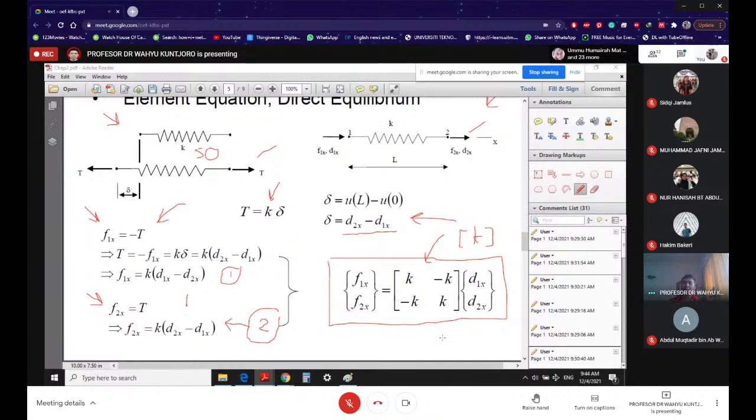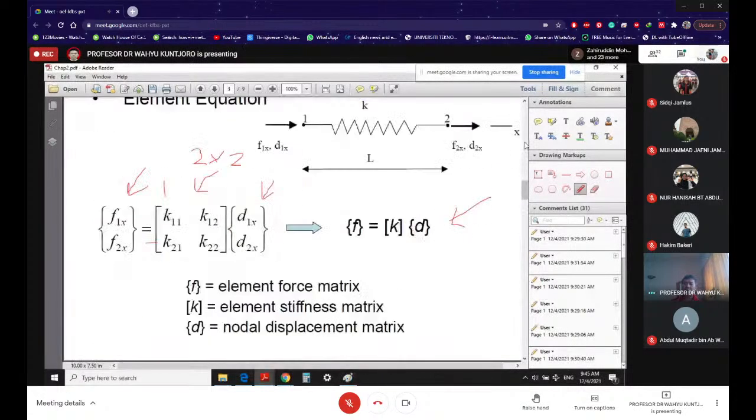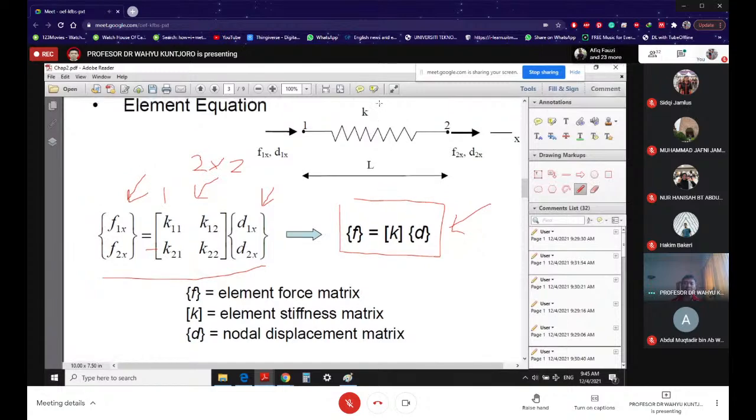So what we have here is F equal to KD. You know that F is actually this one, D is actually that one, and the values of K11, K12, K21, K22 depend on the value of your spring stiffness.